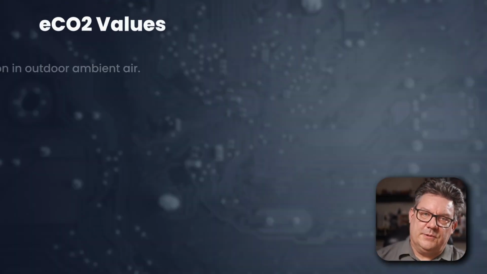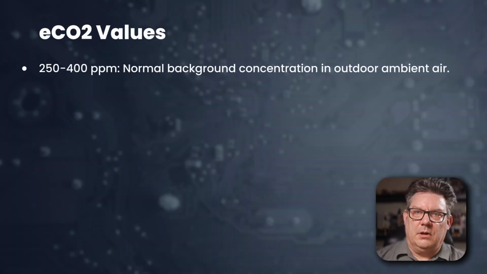Before we go and actually design something for the dashboard, there are things that we need to know. And these are what are the levels and what they mean. So let's decipher the values together and start with CO2 levels. In between 250 and 400 parts per million, this is a normal background concentration in outdoor ambient air.